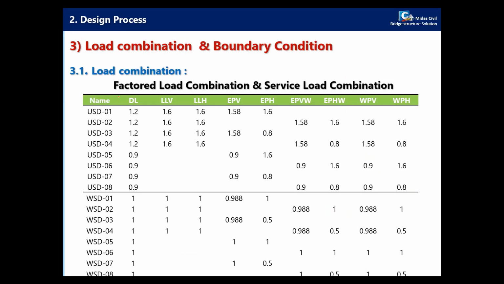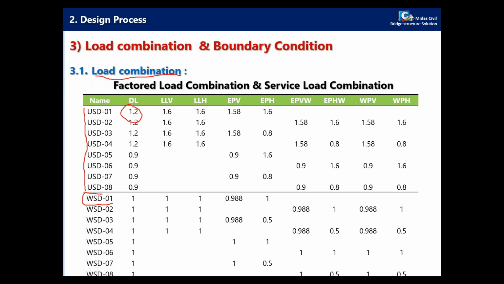When we are doing the design, we are going to use the load combination, like in real design. This example is going to help you very much when you are designing a culvert. These are the factors based on the ultimate strength design, and this one is for the serviceability.